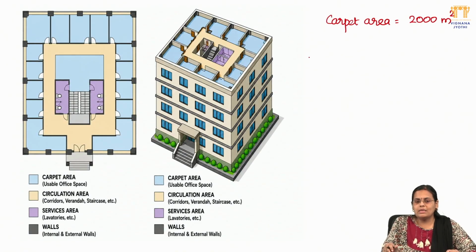And using this carpet area, we need to calculate the built-up portion. See, in this building, carpet area indicates all this office floor, and the utilities and other things will come under your 30% extra, and overall this carpet area and this utility portion, walls, everything makes your built-up area.